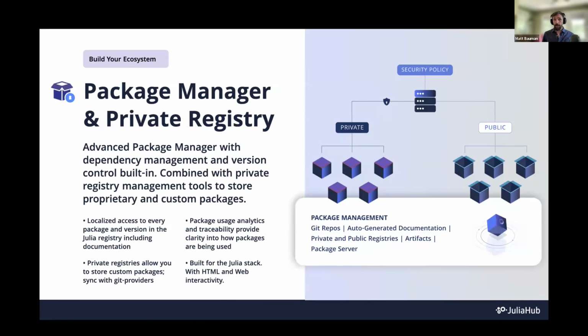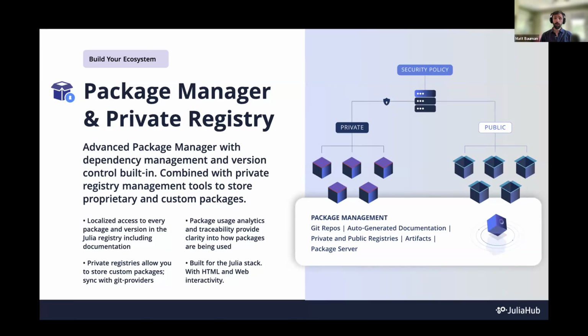When it comes to the package manager and private registries, this looks and feels a lot as though you were using JuliaHub or even just the open source ecosystem itself, right? It brings in all of the packages with the exact versions. You can establish your own private registries within JuliaHub.